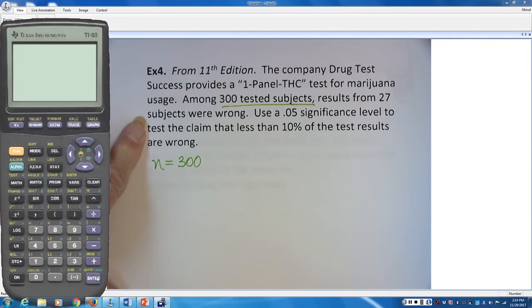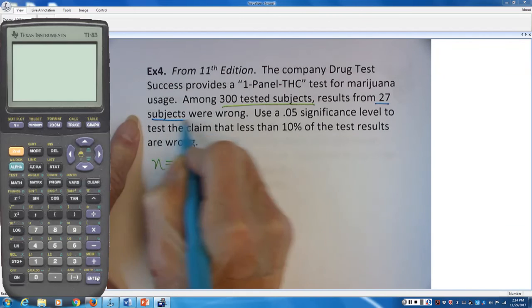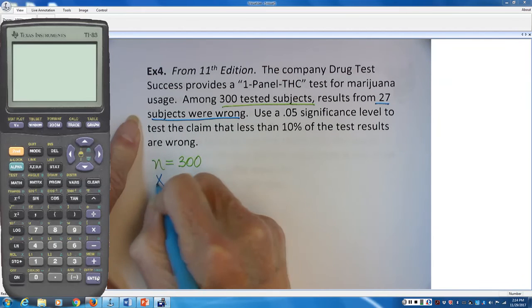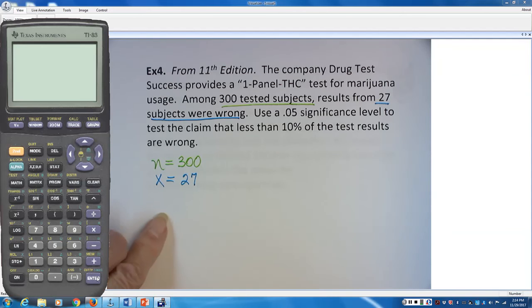Is that a mean? No, that's a way that we can find out the percentage of the tests that were wrong. So 27 were wrong tells us x is equal to 27. Okay?